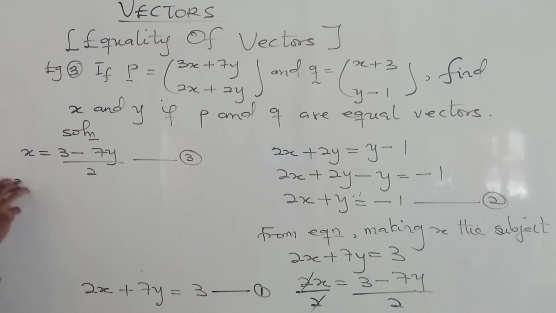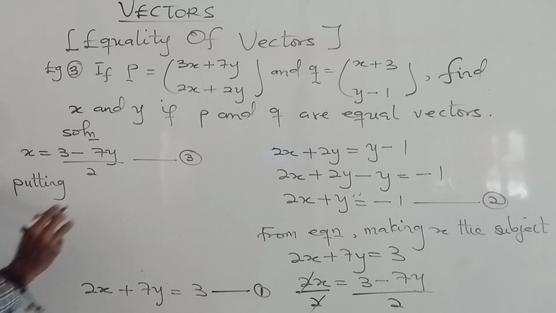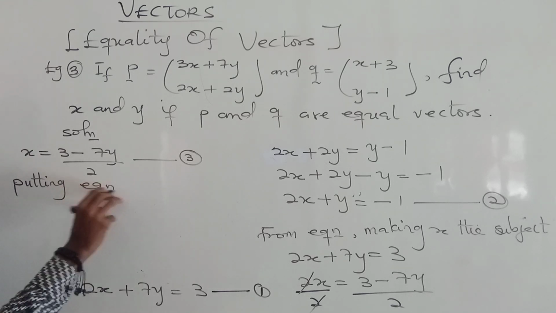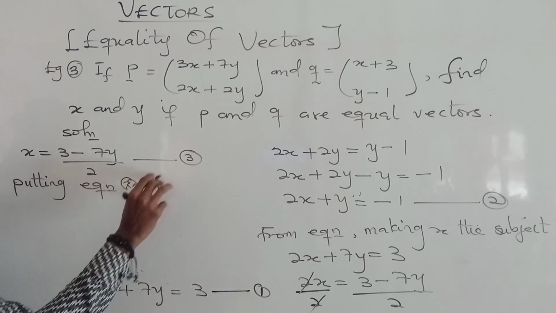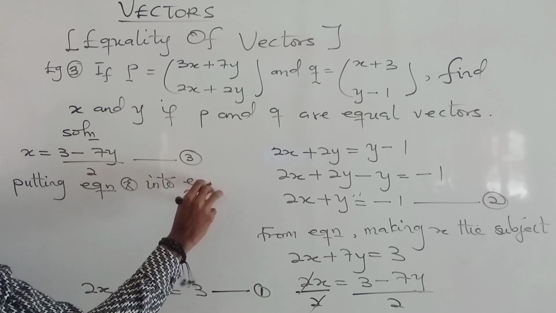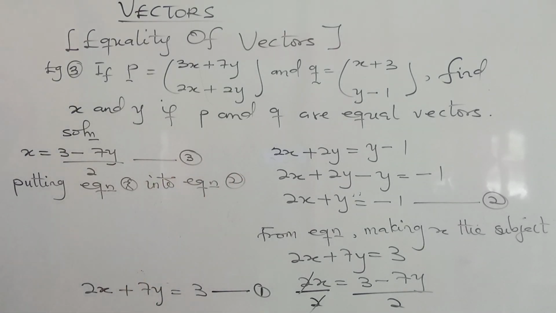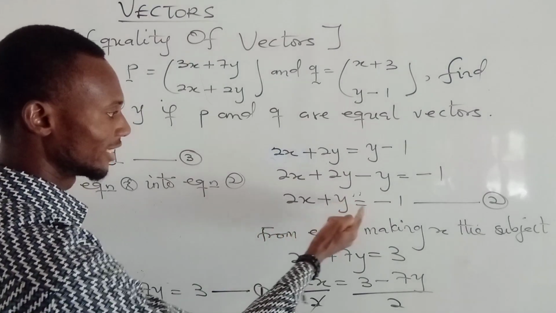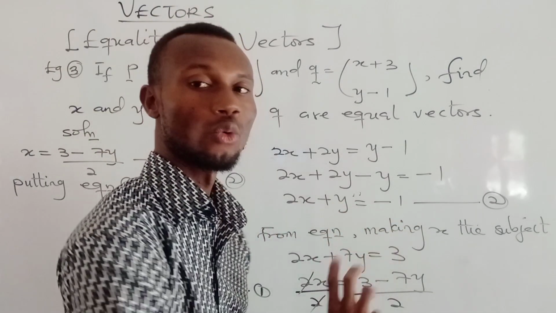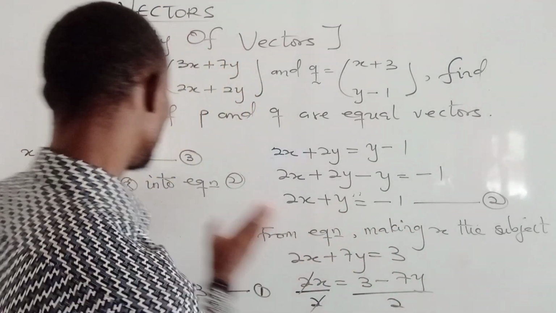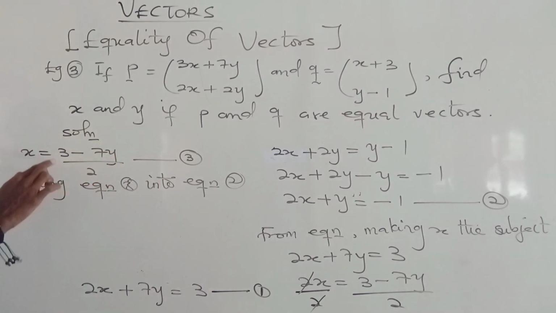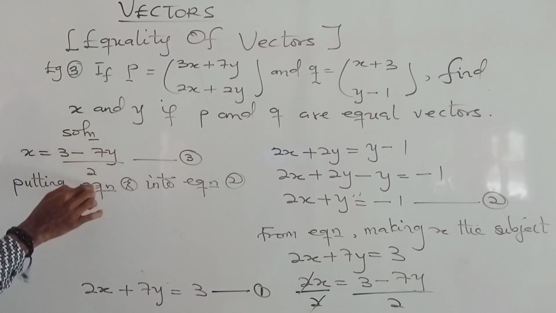So I'll write putting equation 3 into equation 2. Okay, so when I come to equation 2, which is 2S plus Y equals to -1, wherever I see S, I'll put this whole value there, which is (3 minus 7Y) all over 2.